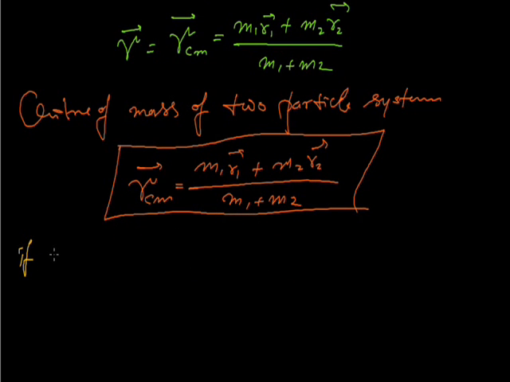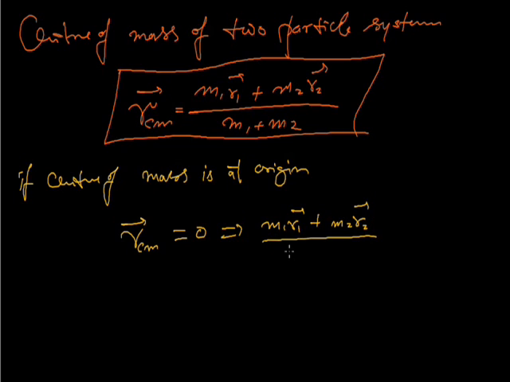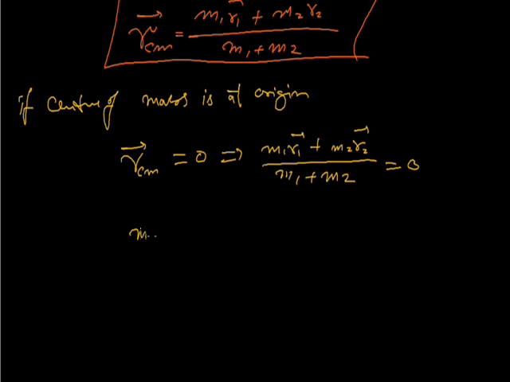If the center of mass is at the origin, it means RCM is equal to 0, or m1 r1 plus m2 r2 upon m1 plus m2 equals 0. So m1 r1 vector plus m2 r2 vector is equal to 0, and m1 r1 is equal to minus m2 r2.